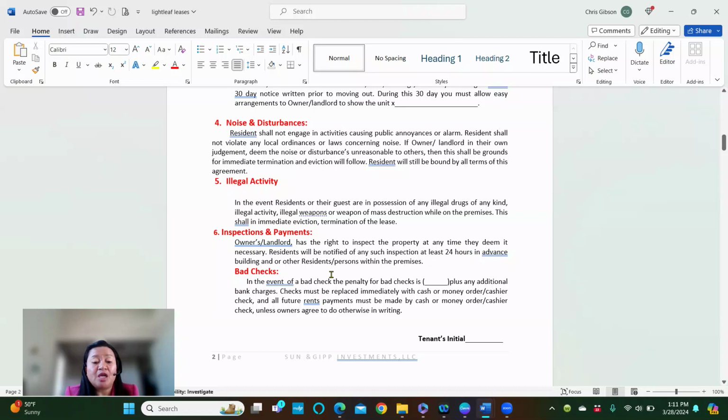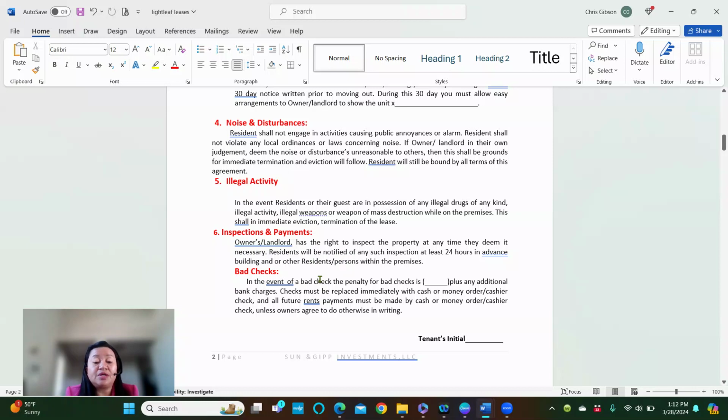Every 6 months we sometimes inspect the property, and we give them a 24-hour notice in advance before we enter the unit. You need to give the tenants a letter before you inspect, because if not, that's not the proper way.